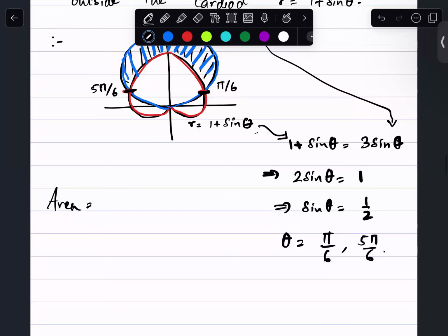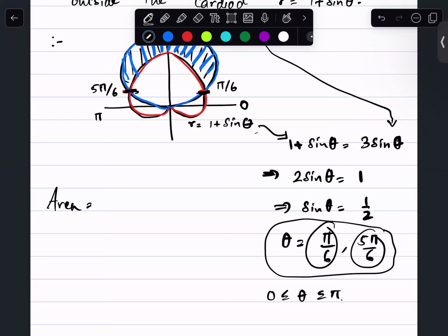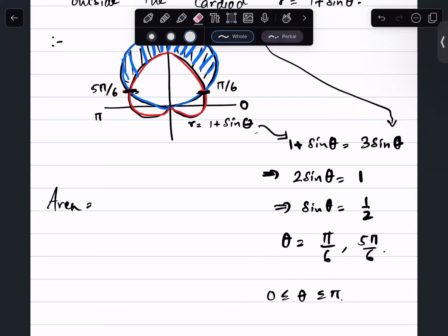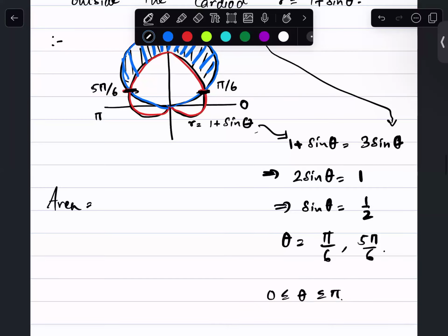These 2 points are obviously in between 0 to pi, so theta should be from 0 to pi, and these two are the only values of theta inside this range such that sine theta is half. So I got this point as pi over 6 and that point as 5 pi over 6.